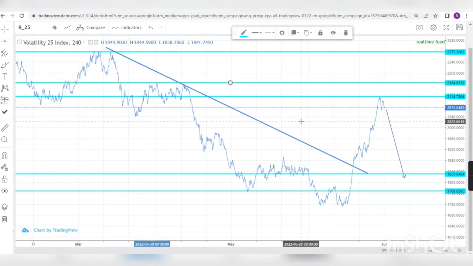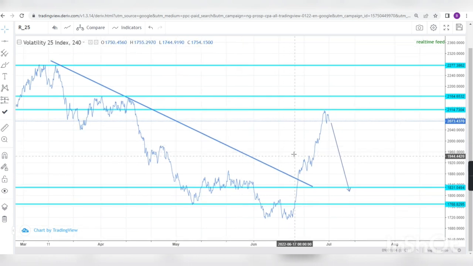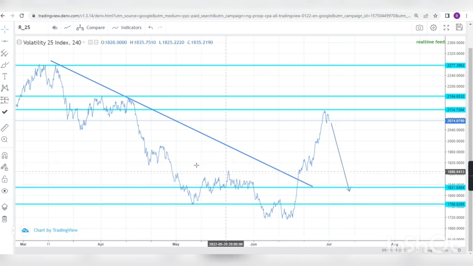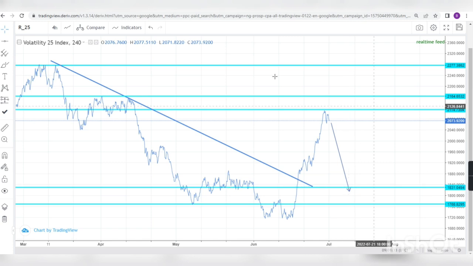This is just what I see on this market, the volatility 25 index: it's going to sell to the downside, from this point right here, moving to this point where we had this previous ranging, this consolidation right here. The market might have some issues right here, where it will decide whether it will break through or reverse. That's basically it.